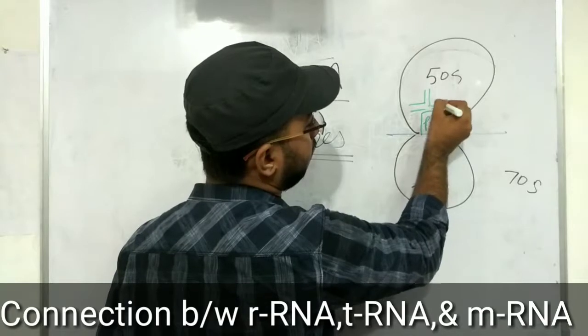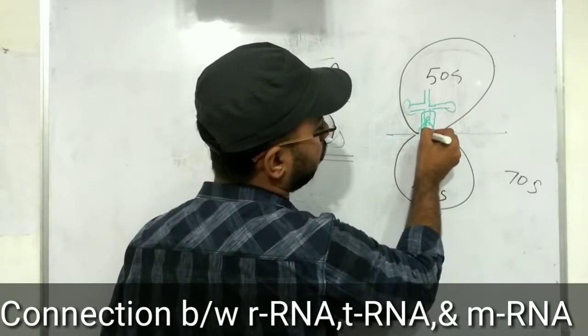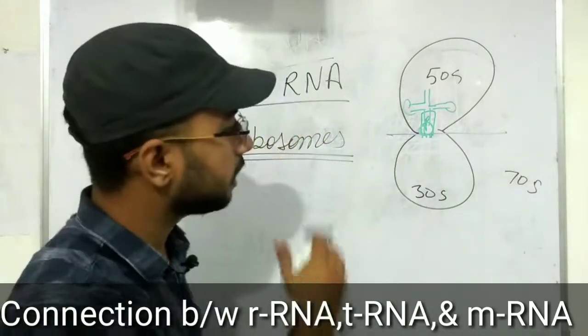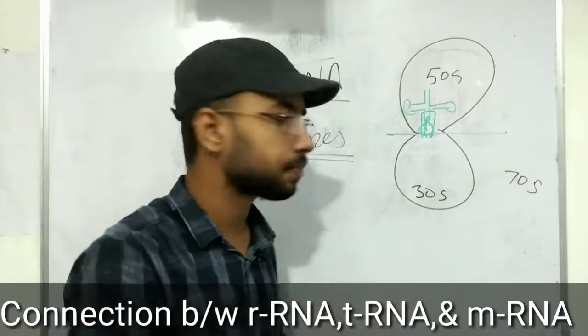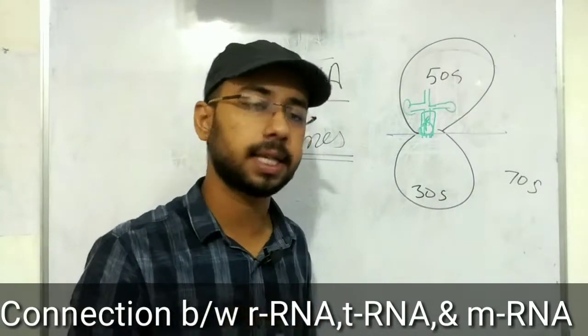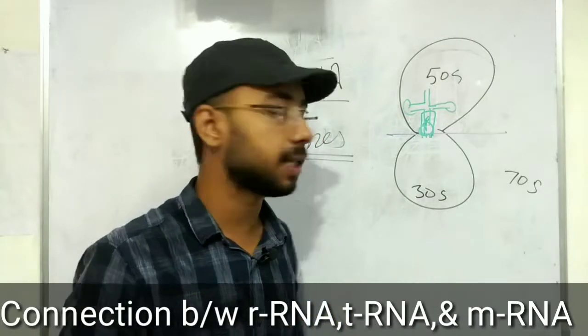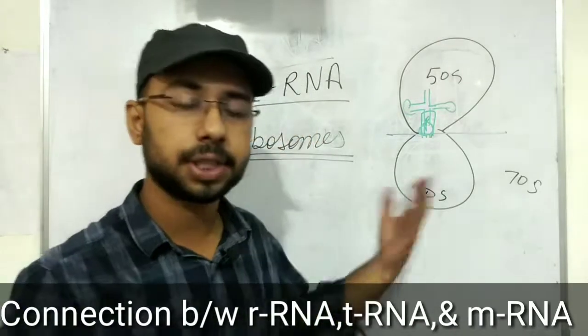The tRNA will bind with its anticodon loop. So this is the relation in translation. mRNA, tRNA and rRNA are all included in protein synthesis, so we can make connections from here.